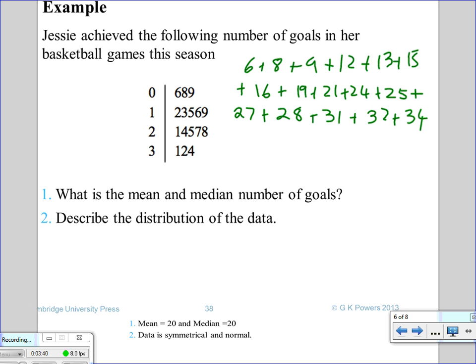Woo. We got 1, 2, 3, 4, 5, 6, 7, 8, 9, 10, 11, 12, 13, 14, 15, 16 scores. Divide all that by 16 and out comes our answer of 20.